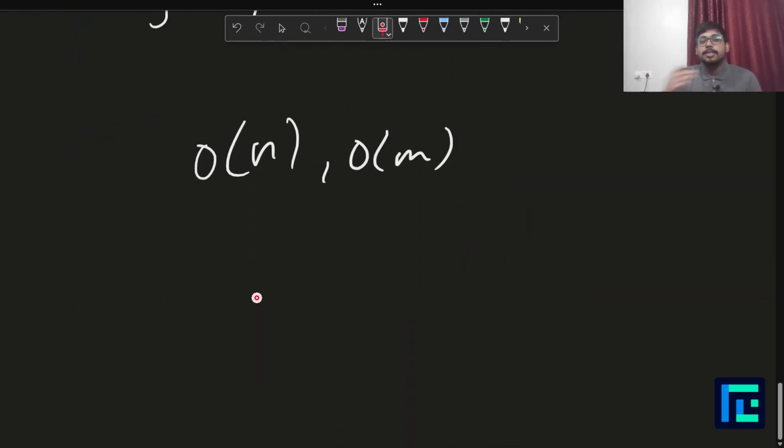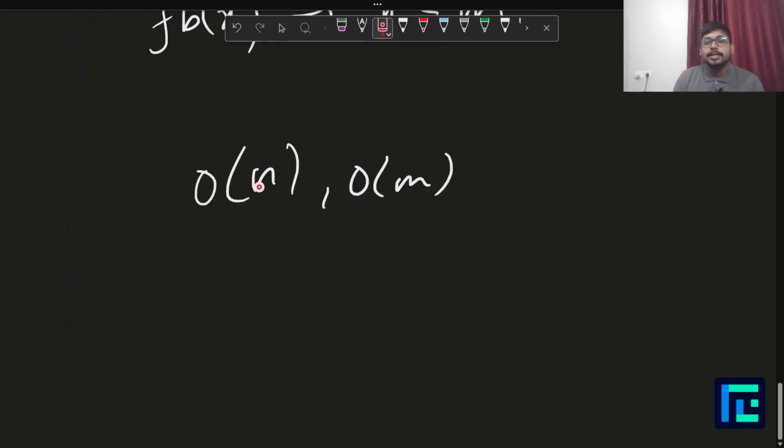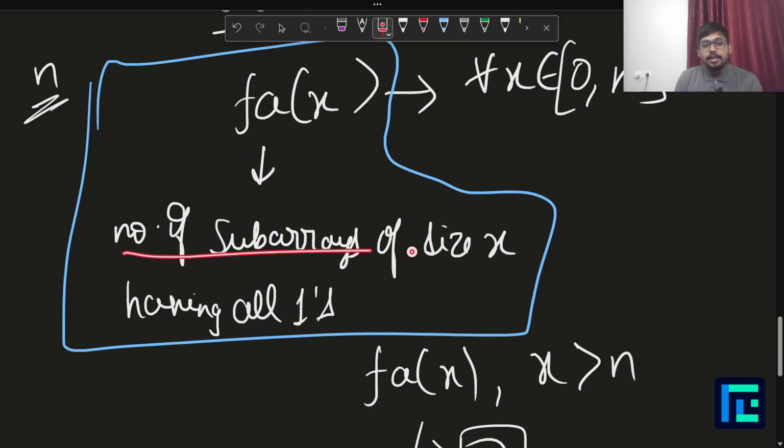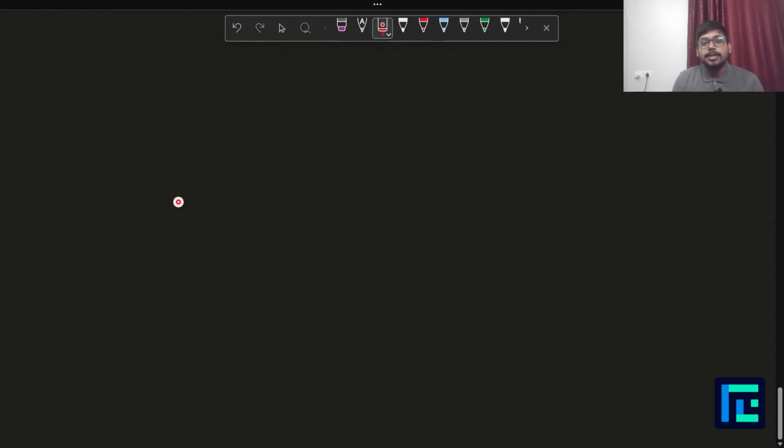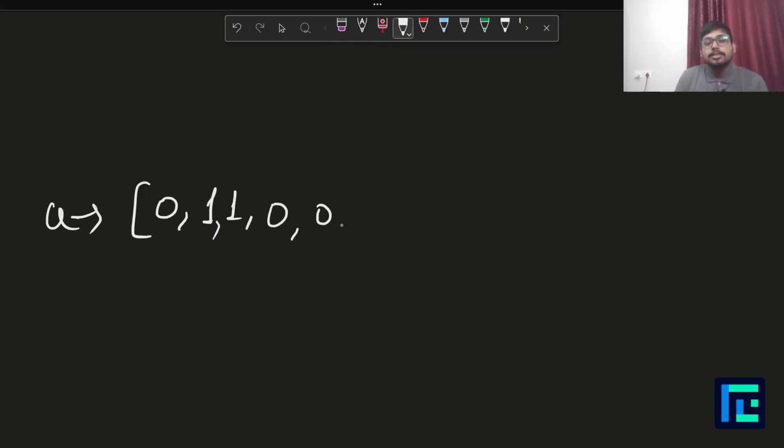Now the main problem that we are left with is how we can compute, in order of the size of the array, this function: the number of subarrays of size x having all ones. So let's take this as a different problem and try to compute it. Let's say you have an array A. Now this array consists of only zeros and ones.